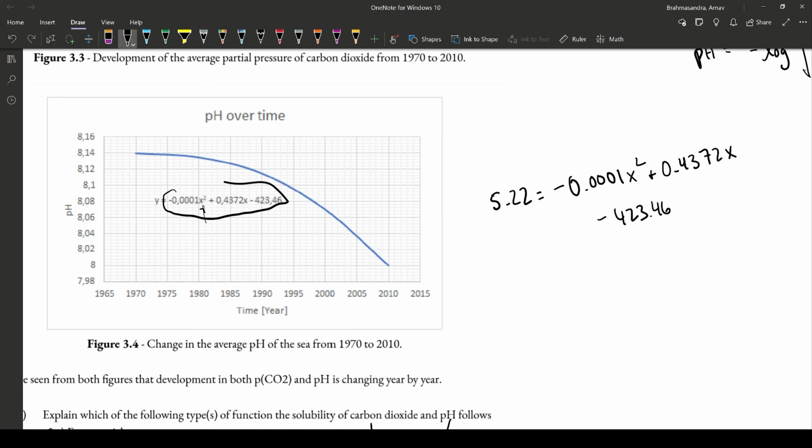And we can solve this quadratic using whatever methods you want. You subtract 5.22 on both sides, and then you have a quadratic that you can find the roots of using the quadratic formula. But you'll get that x is about 2887.3. And we're asked for the amount of years after 2010, right? So this is the actual year.